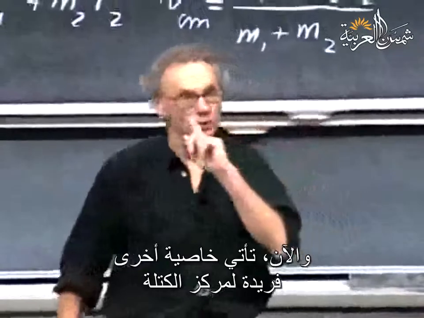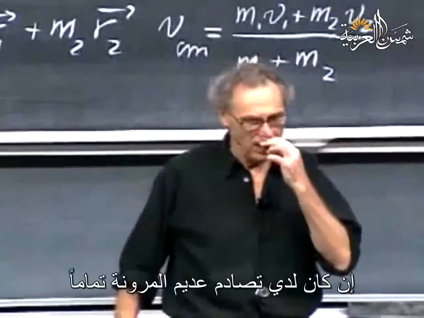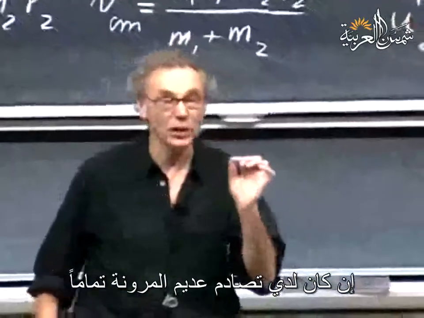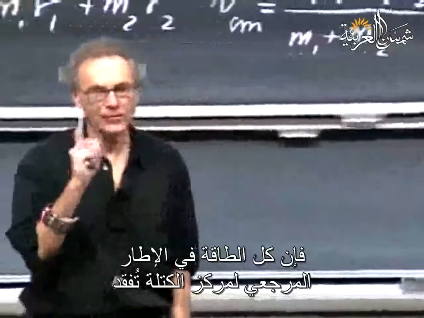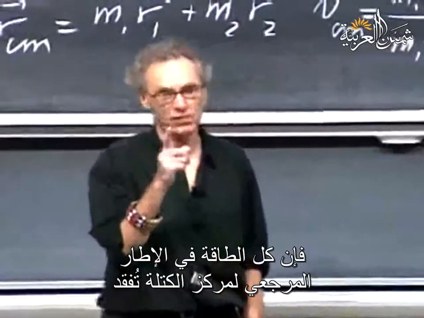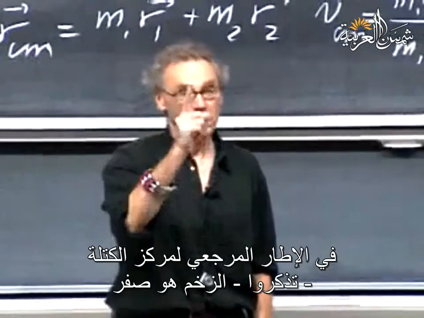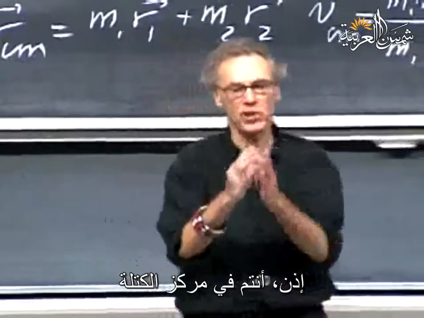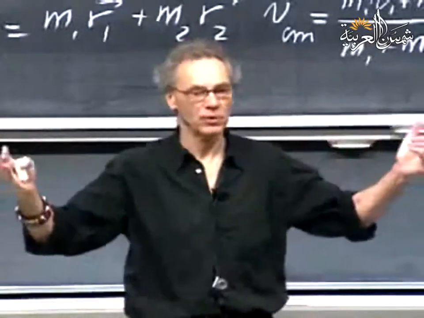And now comes another unique property of the center of mass. If I have a completely inelastic collision, then all energy in the center of mass frame is lost. That's obvious. In the center of mass frame, remember, momentum is zero. So you're in the center of mass. One particle comes to you, and the other comes to you. You're not moving.